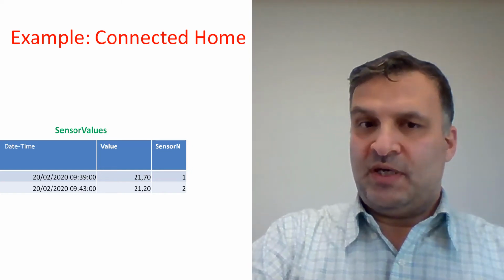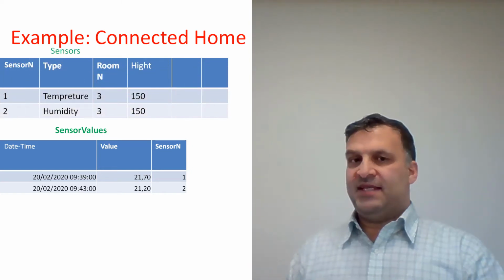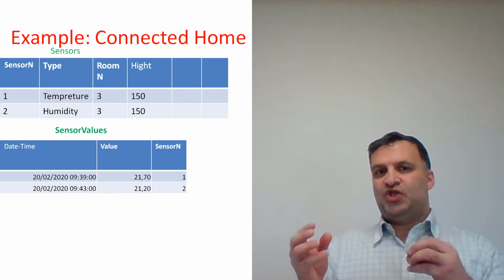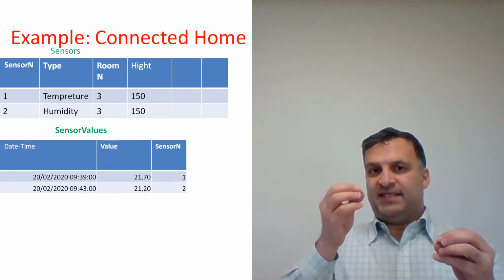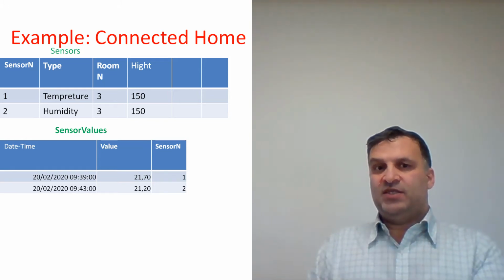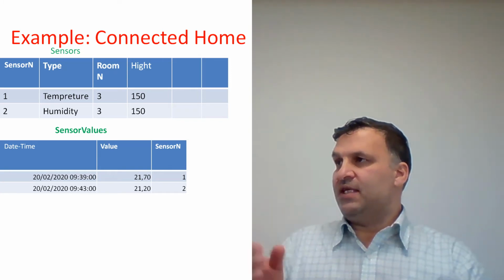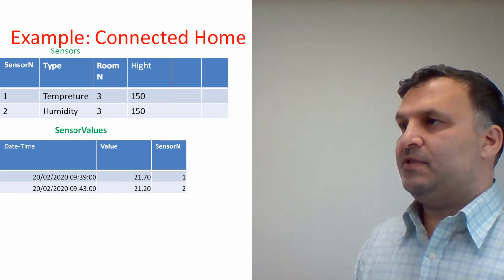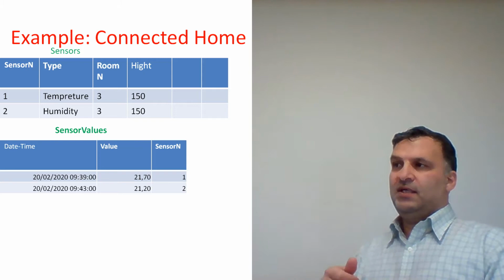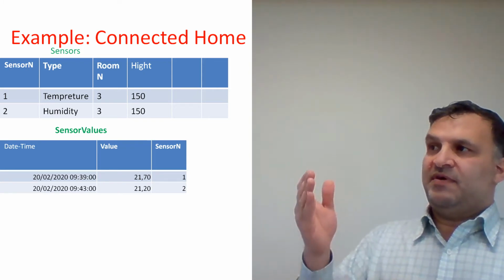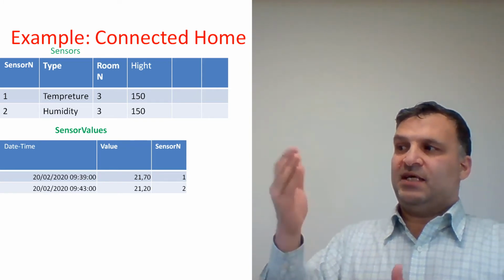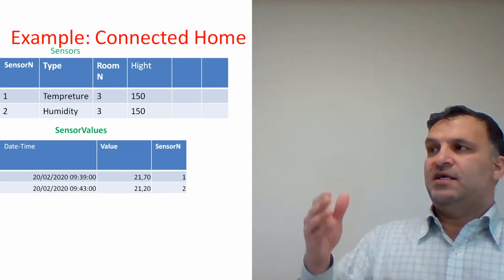Another useful table may be the table that matches the sensors and the localizations of these sensors. For example, here we have sensor number 1 or 2, and what is the type? The first is temperature. The second, for example, is humidity.